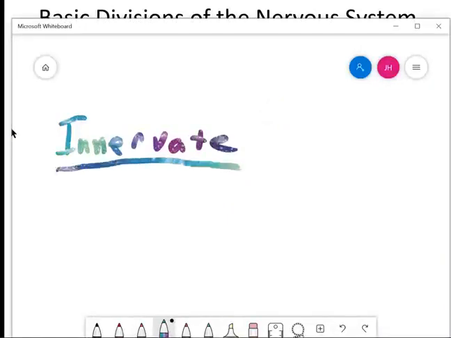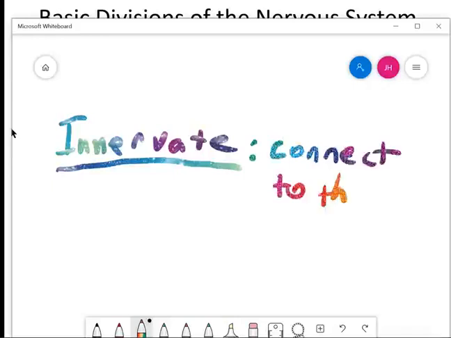What does that mean? Well, that's going to mean to connect to the nervous system.